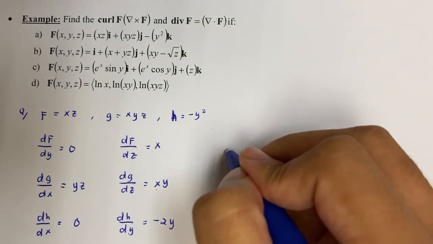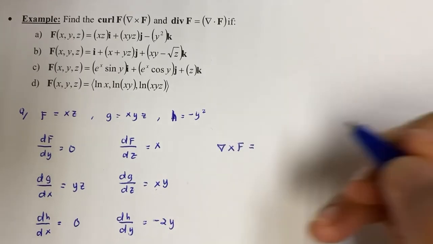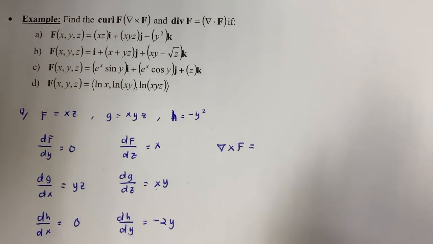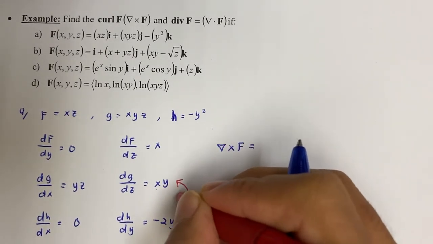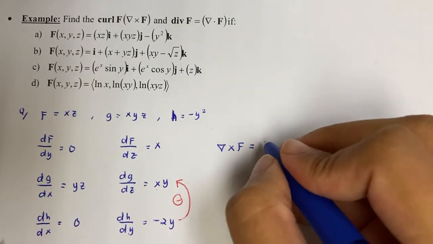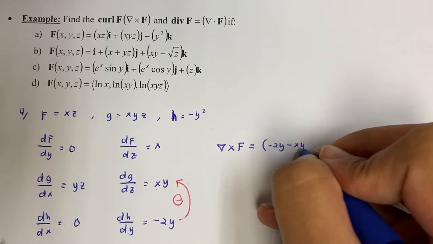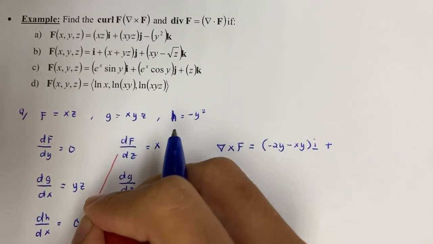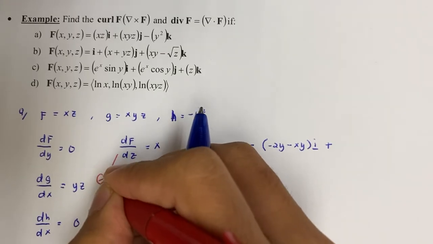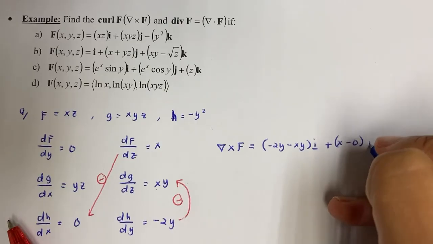To find the curl, curl is nabla cross F. So you have dh/dy minus dg/dz for i, which gives negative 2y minus xy i. Plus df/dz minus dh/dx, so you have x minus 0 for j.